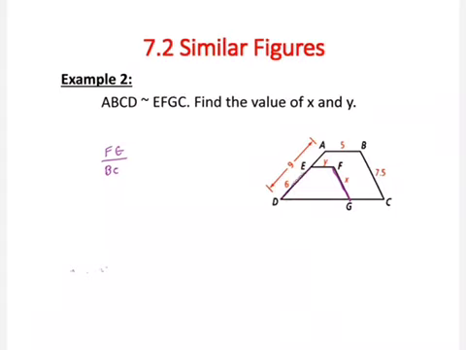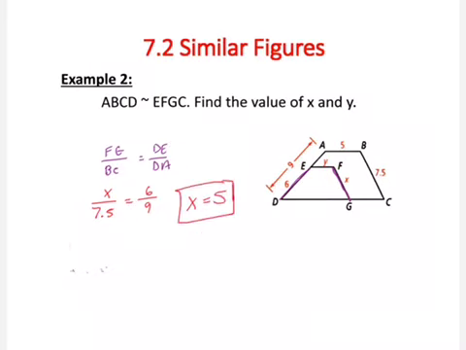So let's say we use as a blueprint DE over DA. So we're going to plug in the values we know for each. FG is x, BC is 7.5, and that should equal DE, which is 6, over DA, which is 9. And so now to solve this, we'll just cross multiply and divide, and we should get x to equal 5.